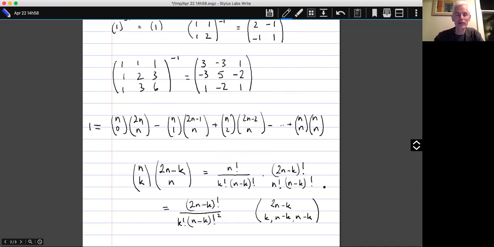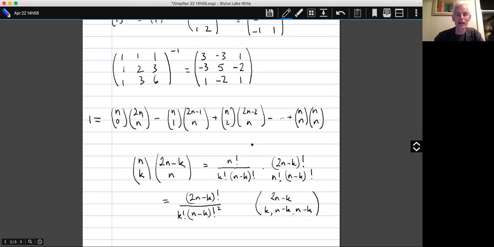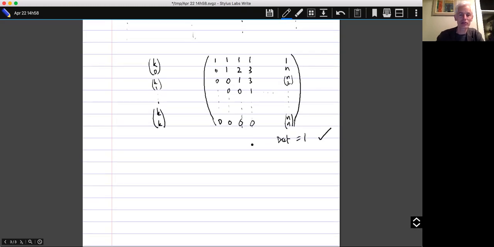Let's just quickly go back to this identity that was confusing me. There was no need for it to confuse me because it's just a special case of the following fact. Supposing I start with the binomial coefficients n choose 0, n choose 1, n choose 2, n choose n. Now let's take successive differences.